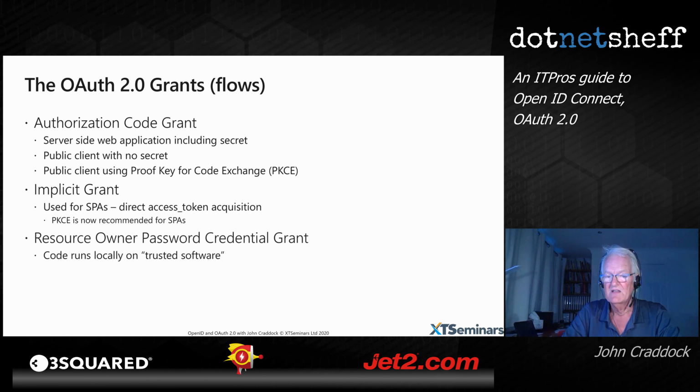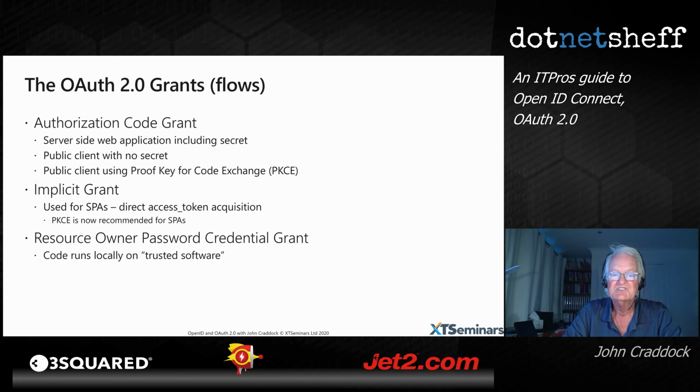We got resource owner credential grant. When we trust the software, we actually give the software our username and password. That probably you wouldn't want to do for anything other than first-party software. So if you had a Facebook application from Facebook themselves, you might well put your username and password into that app, and it could use resource owner password credential grant.